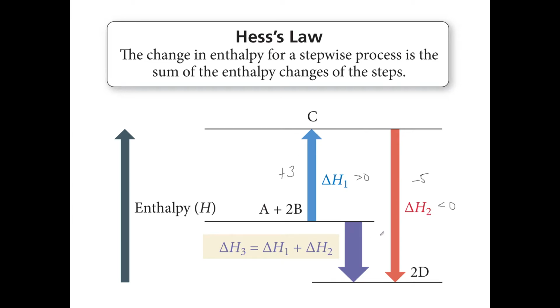And can you see that the purple, a decent estimation of that would be -2, right? So watch this. +3 -5 is equal to -2. And it's exactly how it works. All right? So everything else I'm going to tell you about Hess's Law is a natural consequence of what we see here. But let me tell you what those natural consequences are.